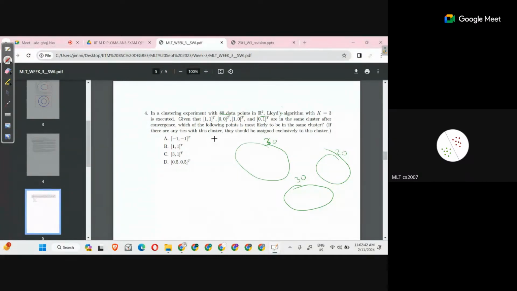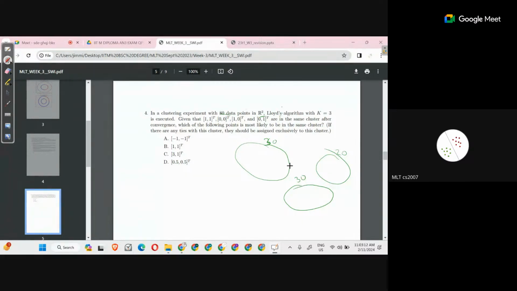Given that these points fall into the same cluster, let's assume that all the points fall in this one. What would happen? What point from these 4 will fall into this one? We do not have any information about this.